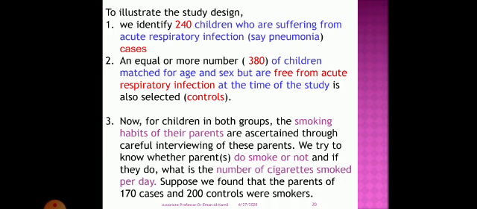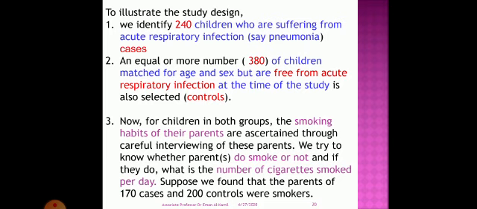So we are going to ask the mothers of the two groups about the history of smoking. The smoking habit is the exposure or the risk factor, and we are going to try to know whether parents smoke or not, and if they do, what is the number of cigarettes per day in this group.